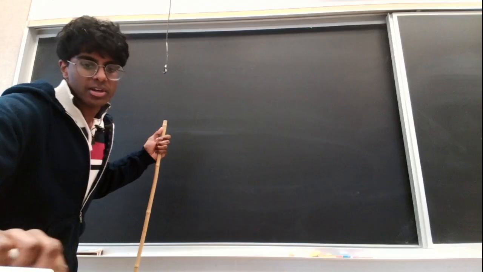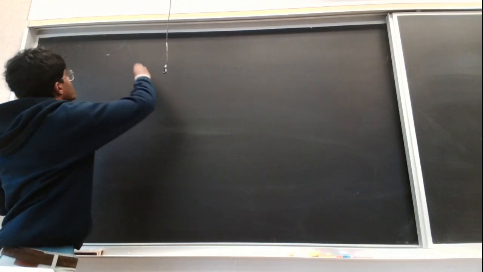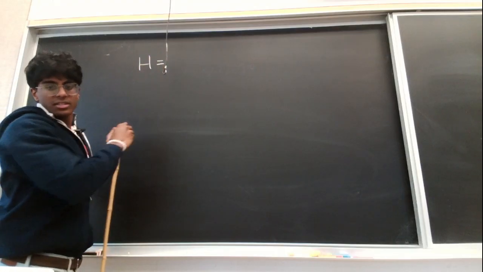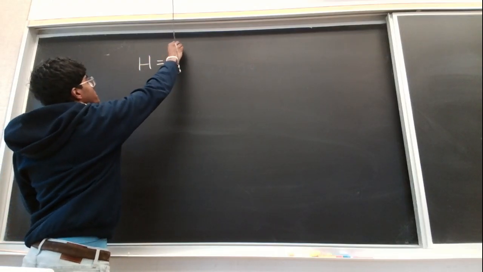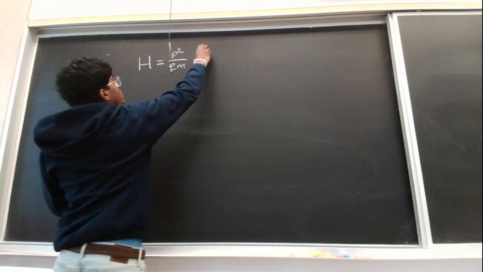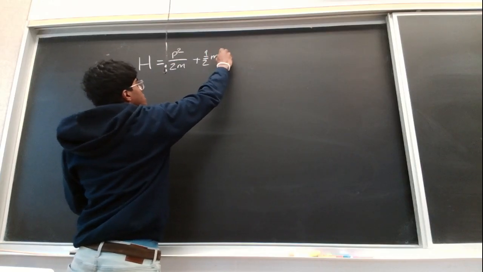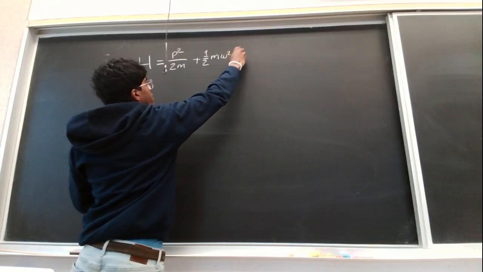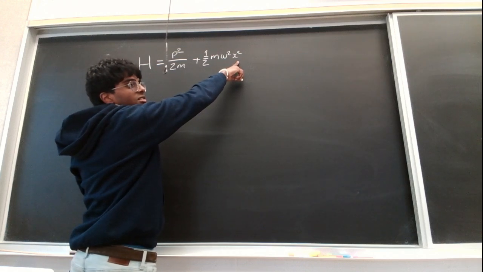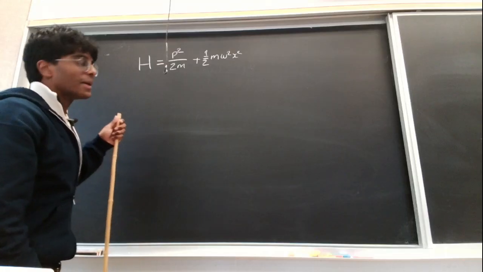We're gonna do the harmonic oscillator. So we start with the Hamiltonian in classical mechanics, which I'm actually gonna try to remember. X squared. That's supposed to be squared, right? Of course it's squared.